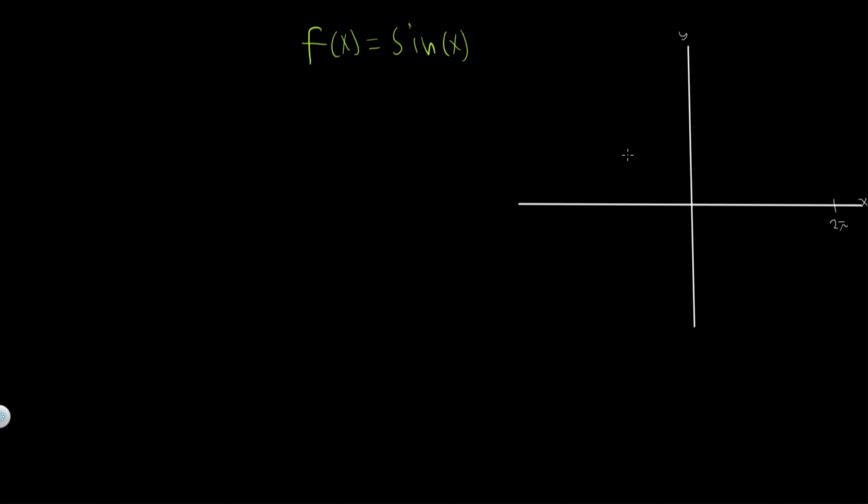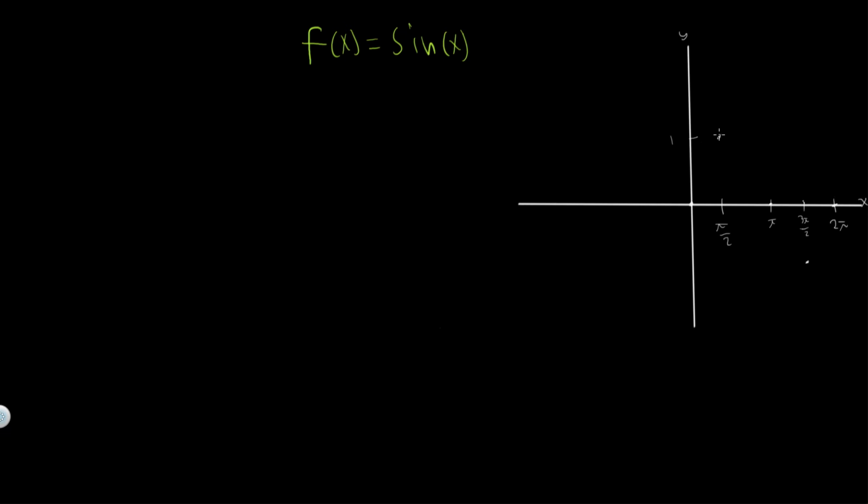We know that at 0, sine of x is 0, and at 2 pi it's 0 as well. And then at pi over 2, it's supposed to be at 1. So this is 1. And then also at pi, it's 0. And then at 3 pi over 2, it's supposed to be at -1.